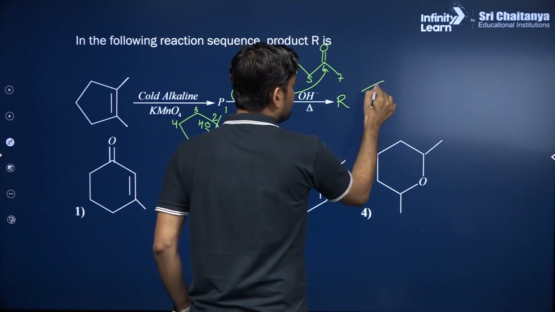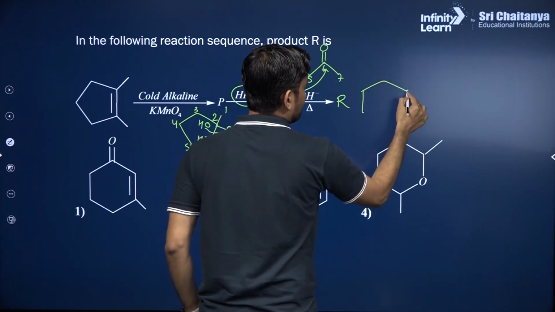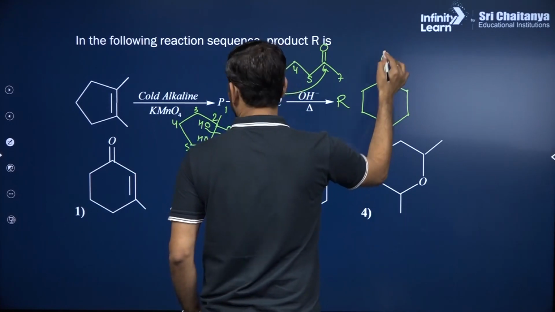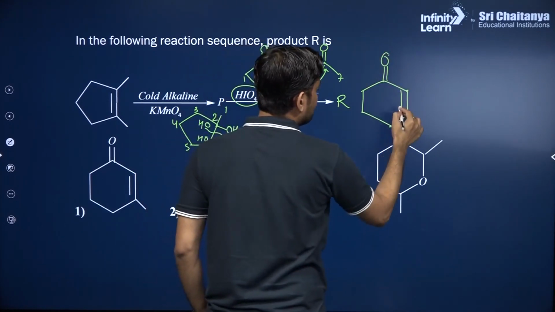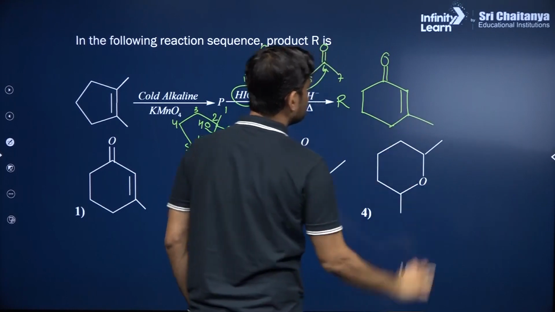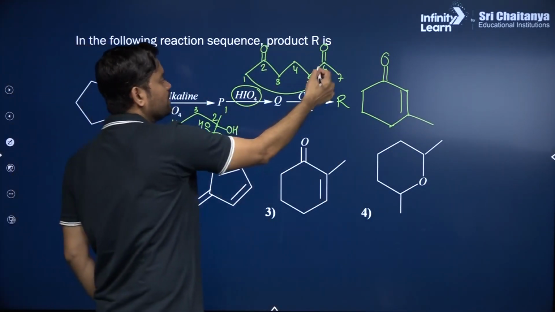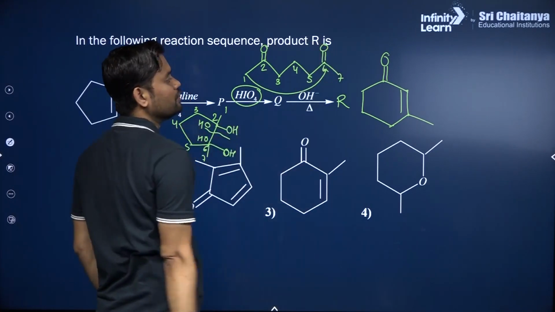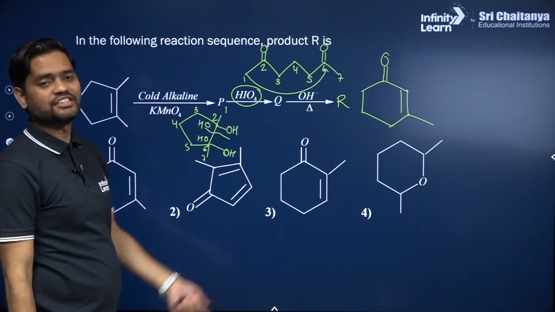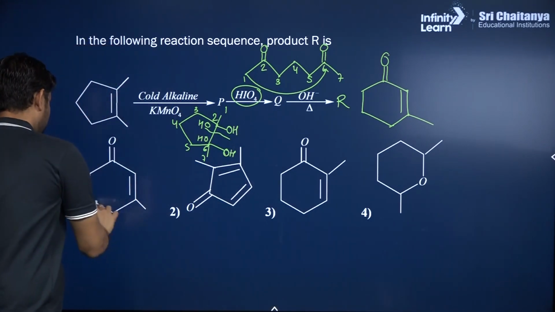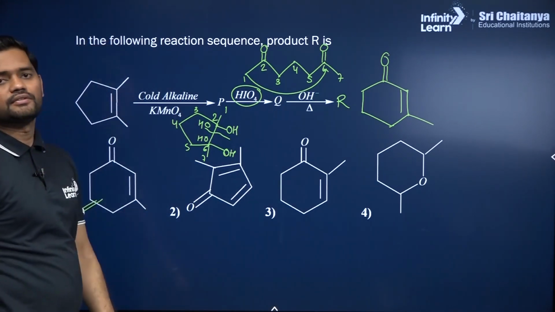So the product will be like this. Double bond will be over here. This will attack over here, it will get converted to OH, and then dehydration will take place, clear? So R is option 1, clear?